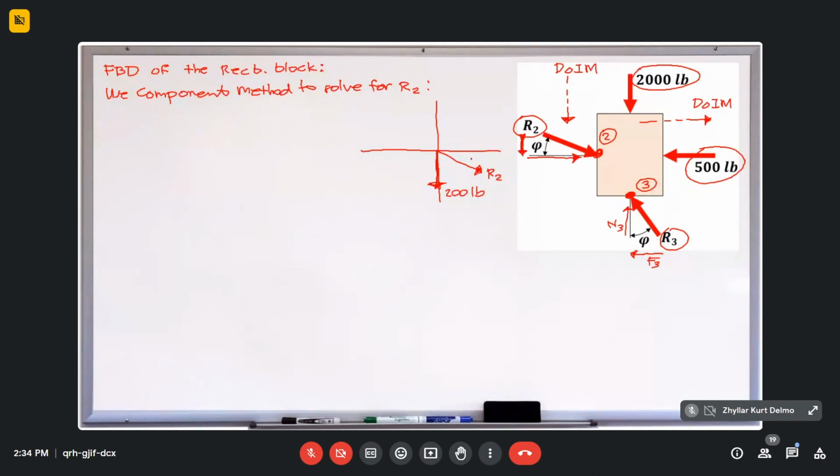So if this is phi, this is also phi. Then our R3 goes upward and to the left. This is our R3. If this is phi, this one is also phi. Then our 500 pounds goes leftward. So this is our 500 pounds.